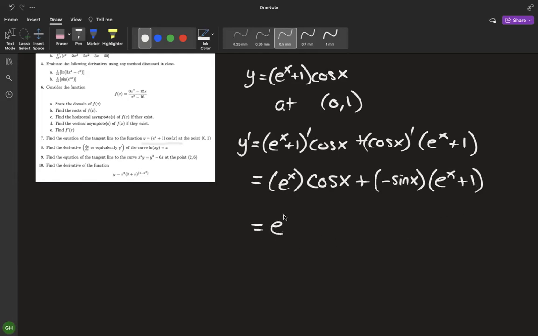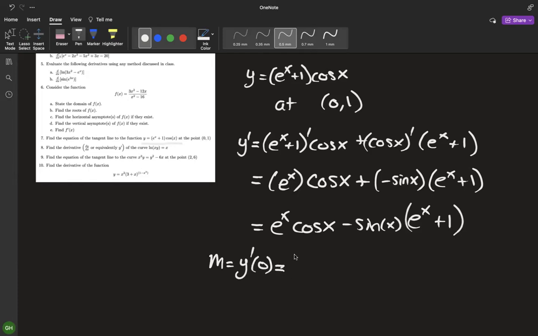So this gives me e to the x cosine of x minus sine of x e to the x plus 1. So this is the derivative. And then the slope is just the derivative with my x value plugged in, with my point plugged in, basically. So this is e to the 0 cosine of 0 minus sine of 0 e to the 0 plus 1.